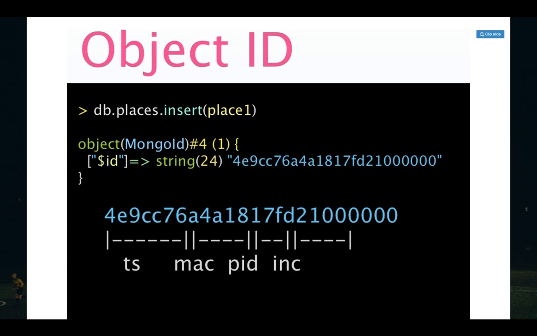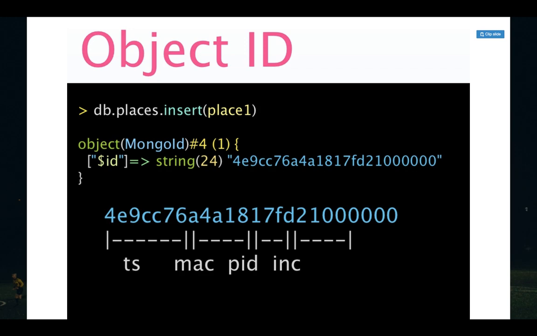When you insert a document into MongoDB, it creates an object ID. Object ID is made from four elements.